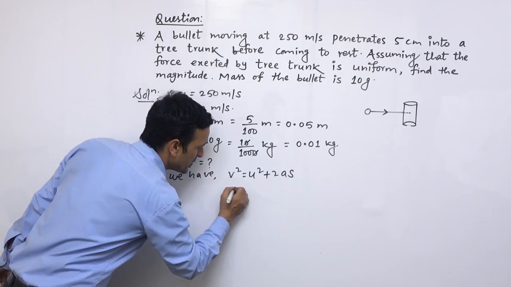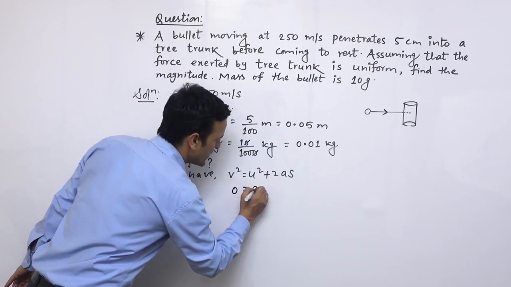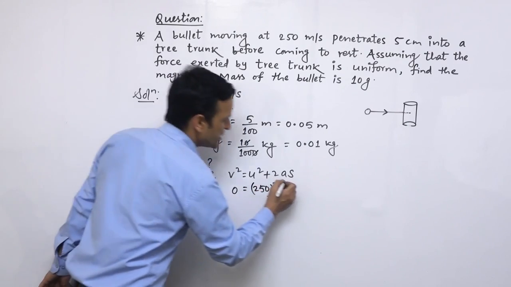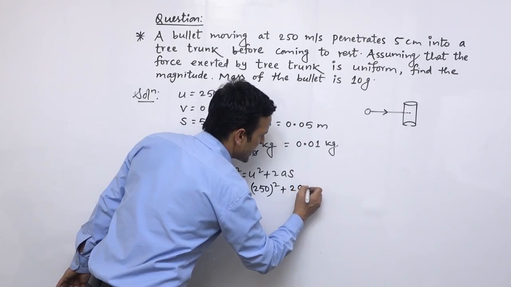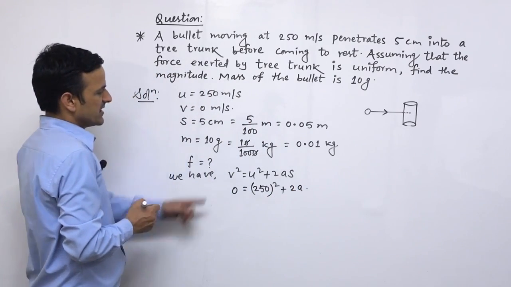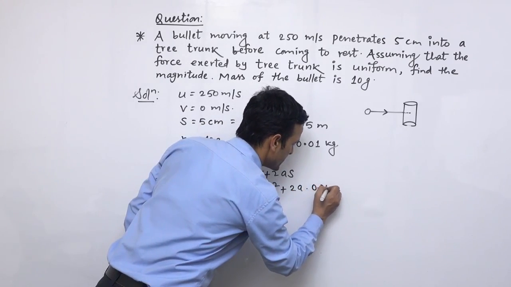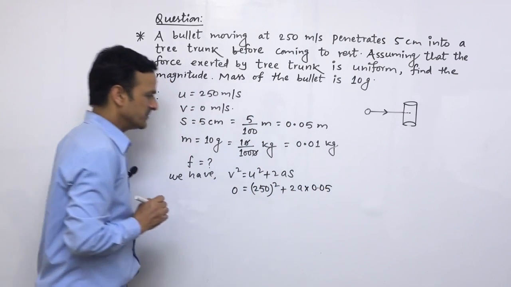So write down the values: V is 0 and U is 250. Make it square, and it is 2 times A times S, where A is unknown but S is 0.05 meter.